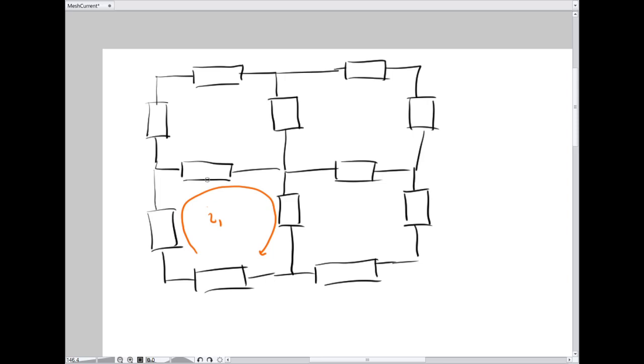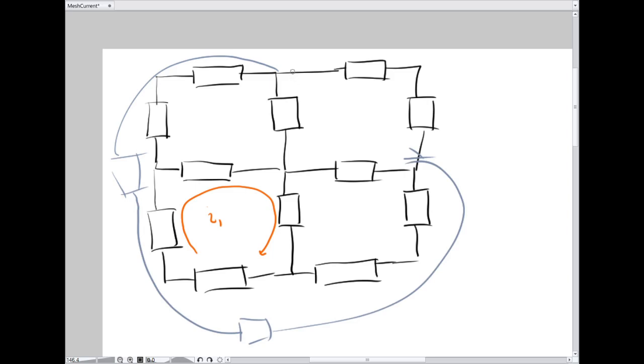Now, what you notice right away is that what the meshes are for a circuit will depend on how you've drawn the circuit. I could draw the circuit a different way, where I take, say, these two components, and instead of drawing them the way I did, I'll pick a light gray here, connect them like this, and not there.